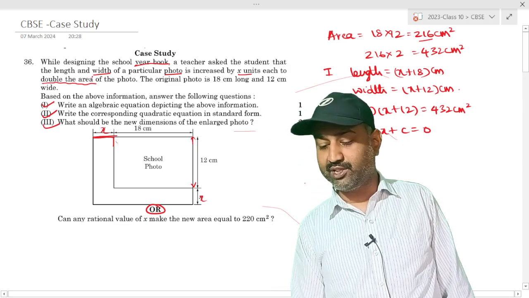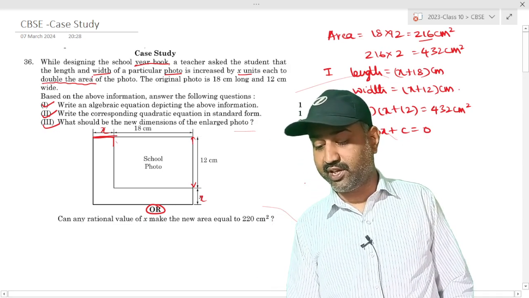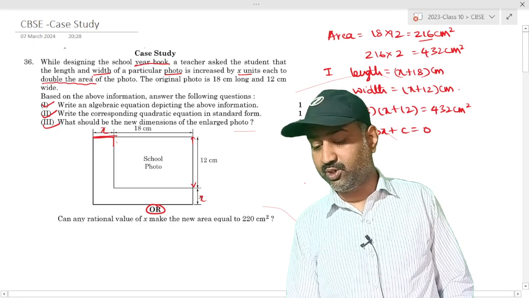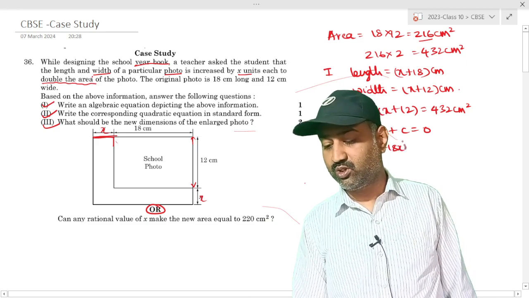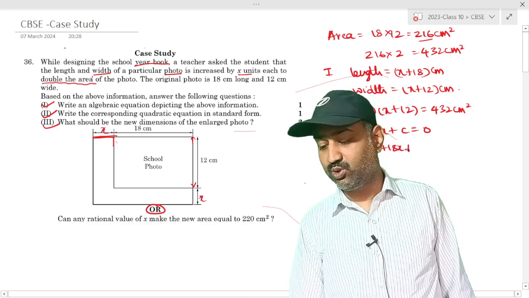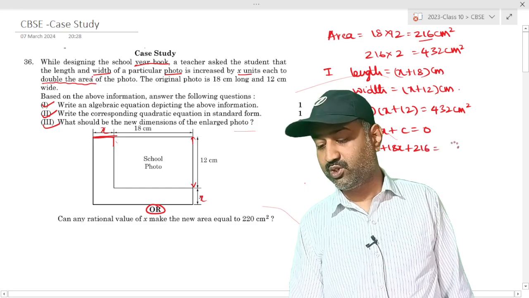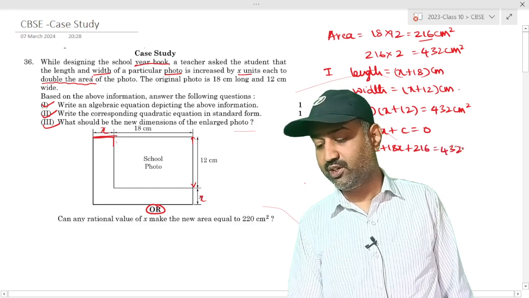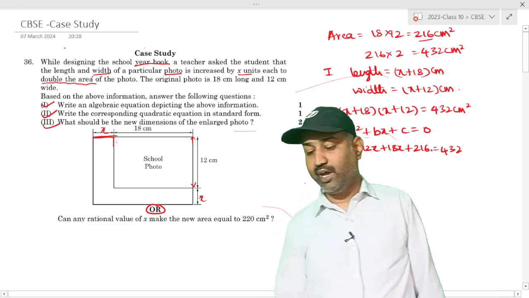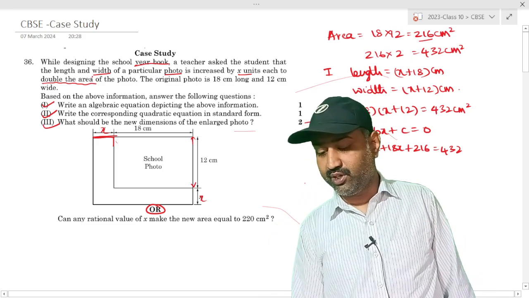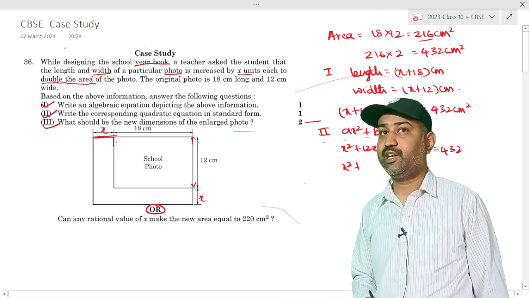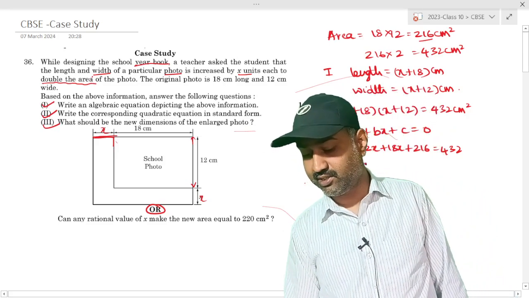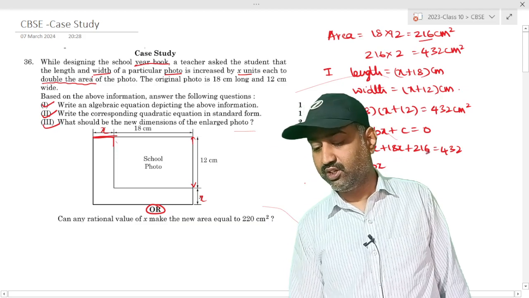Therefore, I multiply this equation here. x into x is x square, x into 12 is 12x, and 18 into x is plus 18x, and 18 into 12 is 216, is equal to 432. Now I have to write it in standard form: x square plus 12x plus 18x, that is 30x, and 216.